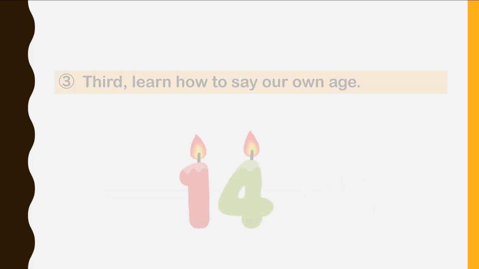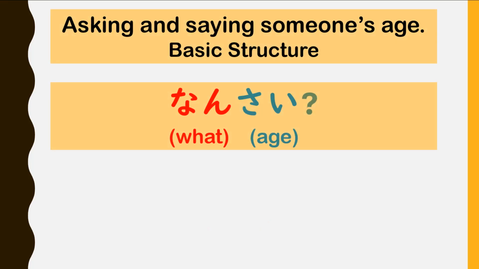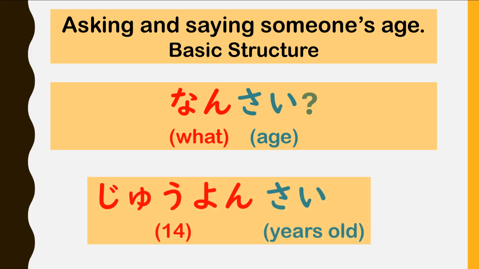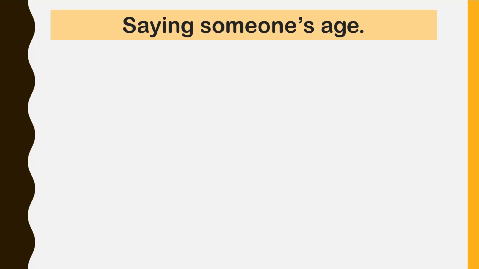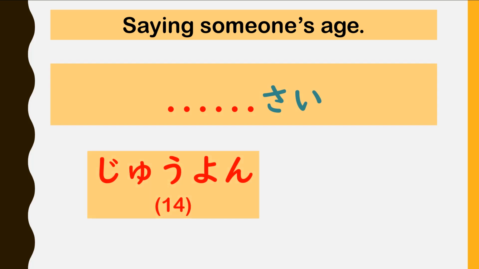So now that we know how to ask how old someone is, we need to learn how to say our own age. Here's the basic question structure again, 何歳, and here's how to say 14 years old. 14歳. So when saying your age, what needs to go here where the red dots are?